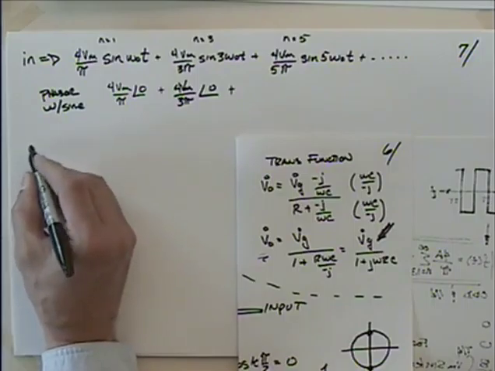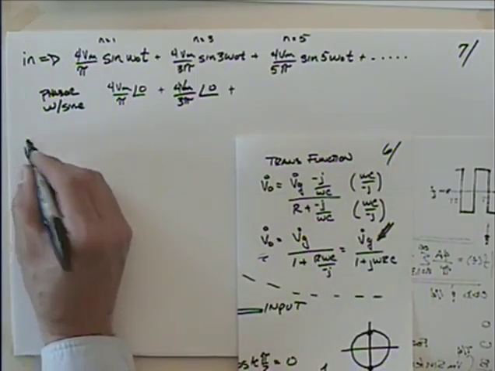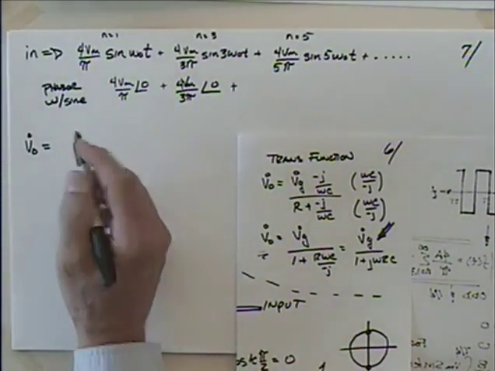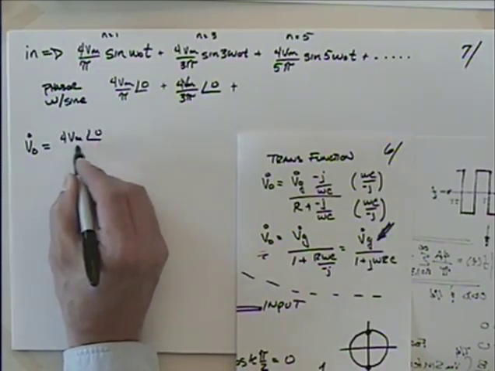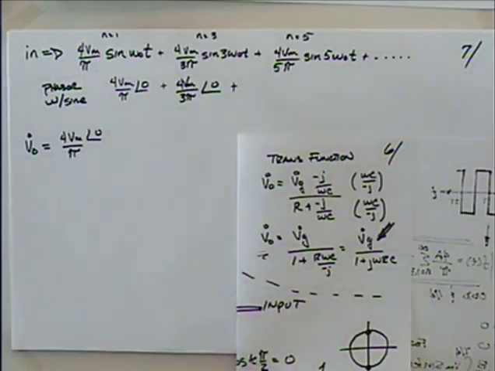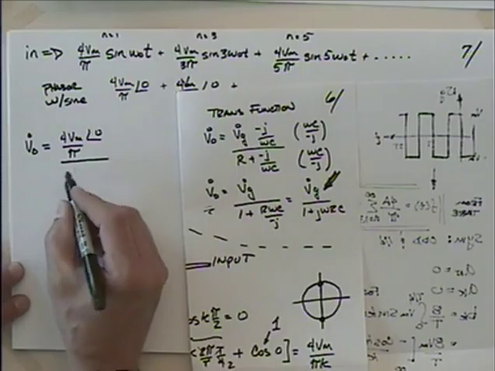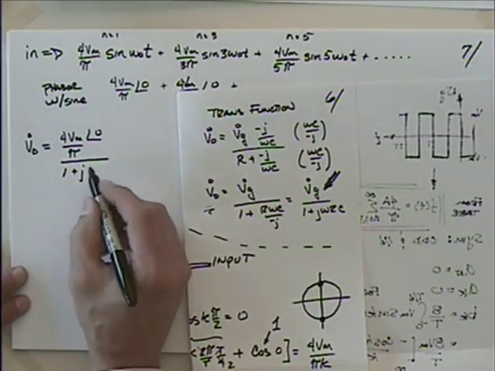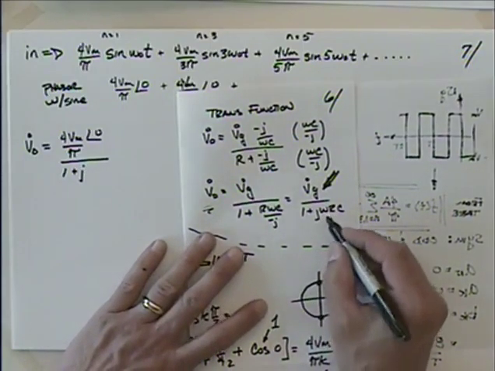So I'm going to say my output now for the first harmonic is equal to what? I take this 4 Vm at an angle of 0 divided by pi. That's the numerator of this thing. Okay. And then I have to divide that by what? 1 plus j. And here I have to be very careful because we said that this was j omega RC.